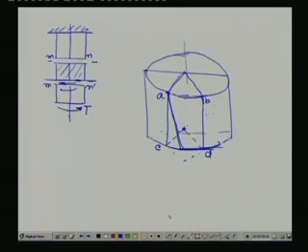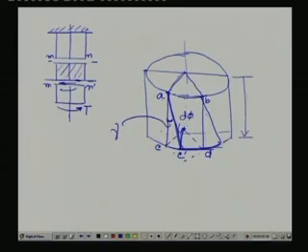So, what we can see is that if we join this line, this line, this line, and let us see that C has shifted to C dash. Then this angle we know is gamma, the shearing strain. This line has shifted. Suppose we consider this angle to be delta phi, and the length of this element we are considering as dx.